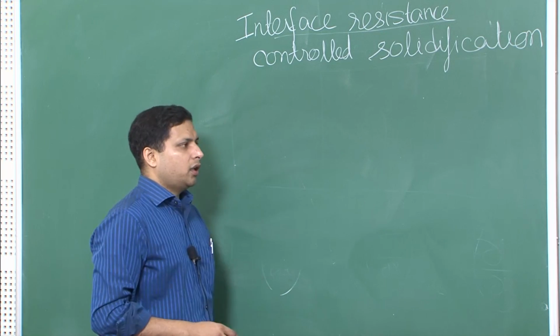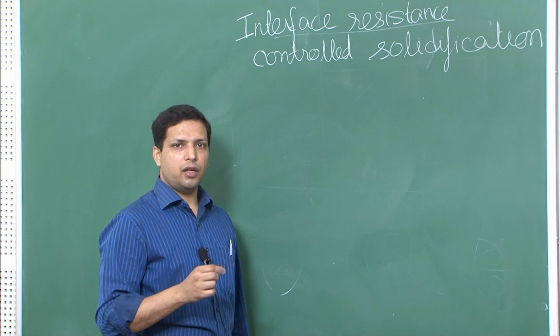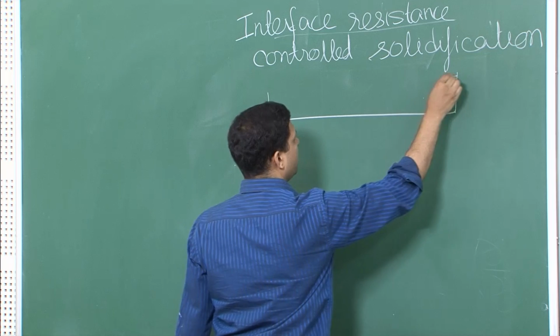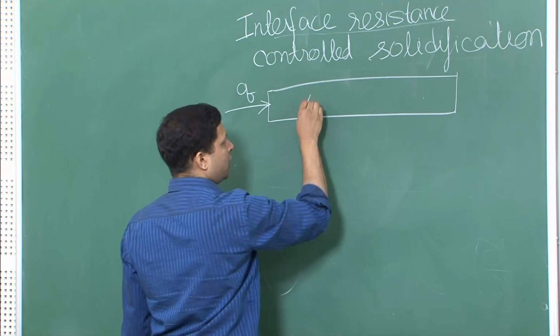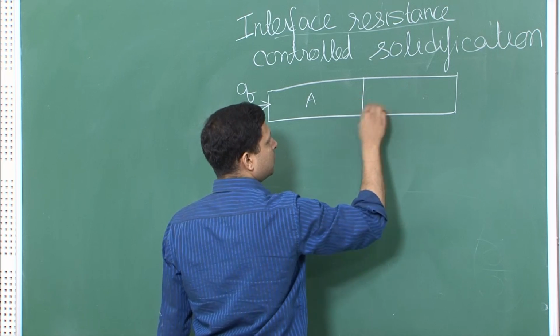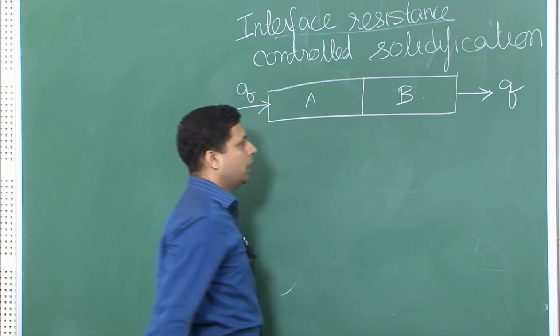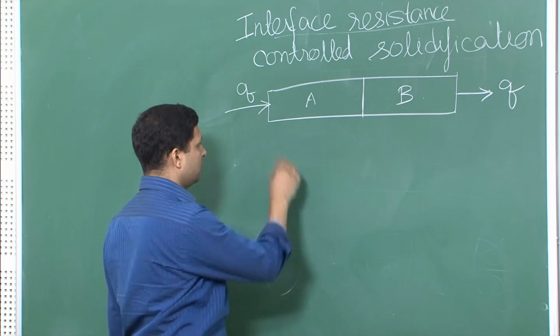Now there is an analogy of this kind of condition to the current flow, and let us look at it in that way. So let us say these are two different materials, A and B, and they are connected at this point AB.